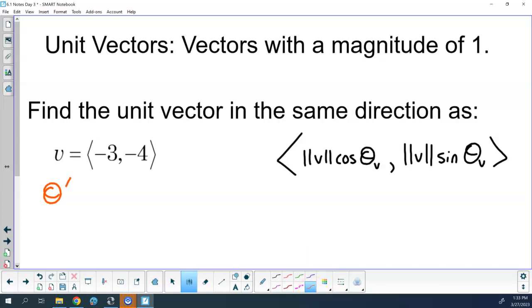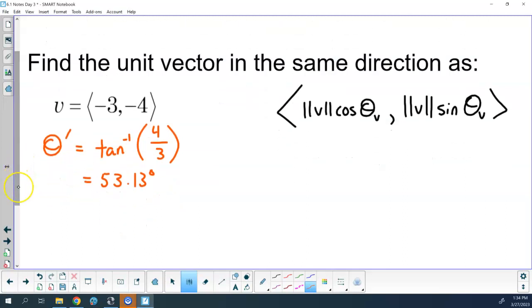So this vector is in quadrant number 3, so I'm going to have to use theta prime, inverse tangent of y over x, dropping both negative signs. That gets me inverse tangent of 4/3, which gives me a reference angle of 53.13 degrees.